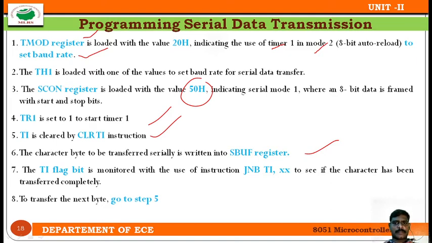Until that flag is set, SBUF continuously monitors the TI flag. Once data is transmitted, the flag is set and it comes out. If not, it goes back to step 5. This is the programming procedure for serial data transmission.